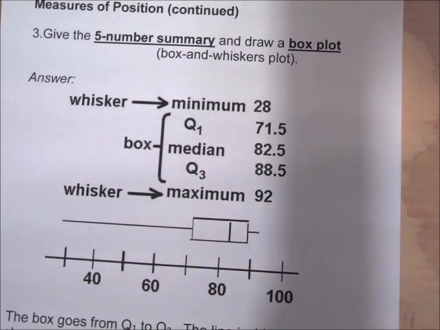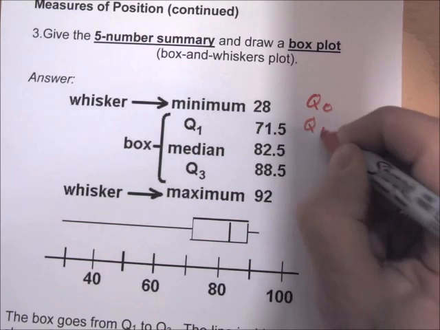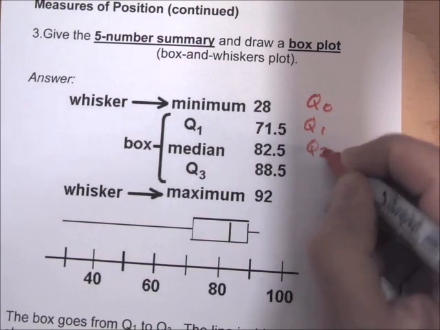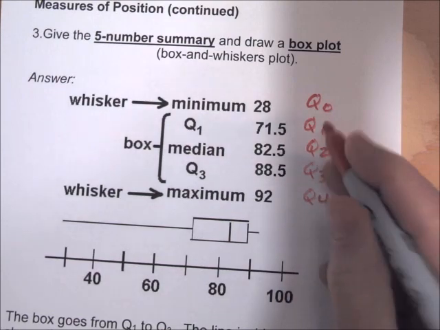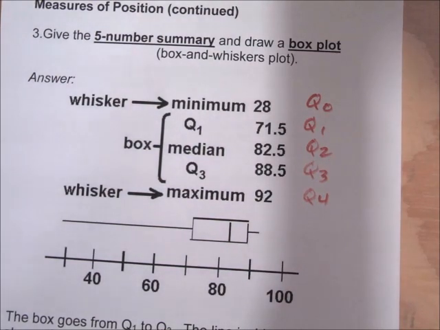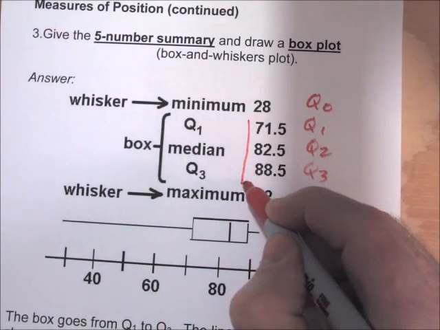The minimum, you can think of that as Q0, the zero quartile. Then we have Q1, the median, the same as Q2, Q3, and the maximum, you think of that as Q4. So this graph is basically based on the quartiles. We want a box going from Q1 to Q3.